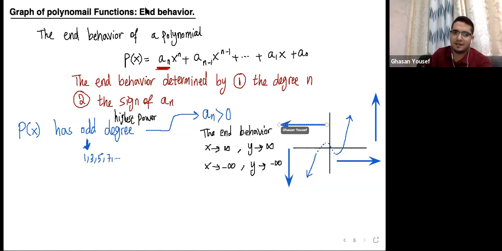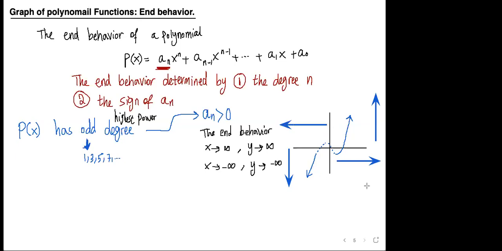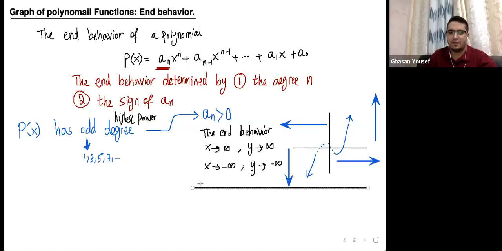Okay, for the second case, for this one, Professor, can you just explain that one more time, please? Okay, again. First of all, b of x has odd degree. This is my b of x.